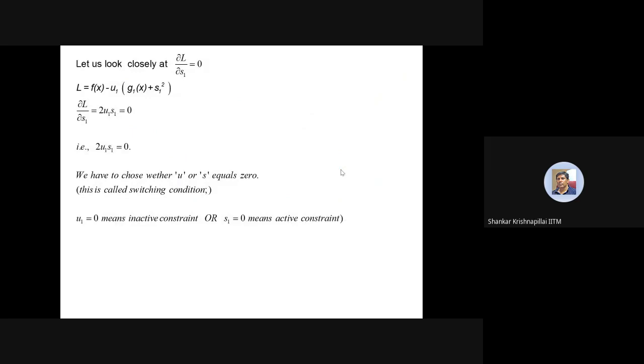Now let us look closely at partial L by partial s1 equal to 0. This is the s1 squared term. So partial L by partial s1 of s1 squared is 2 s1, and u1 has to be multiplied here, so 2 u1 s1 is equal to 0.